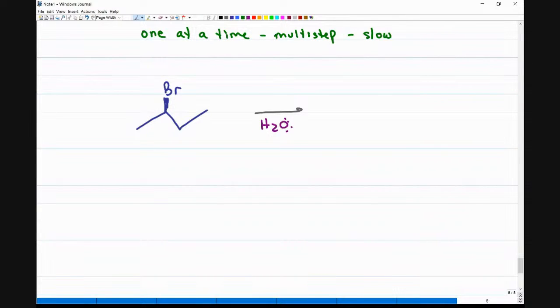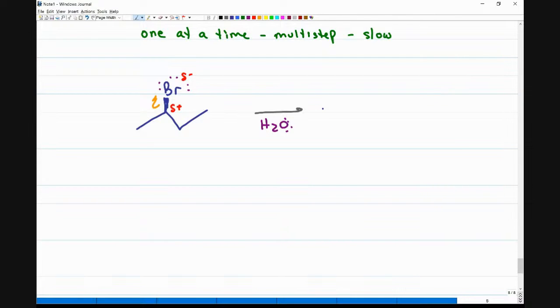If I don't have a strong nucleophile that wants to come in and attack, then nothing is here to kick out the bromine atom. And so the bromine, being very partially negative, as we already saw, is pulling on the electron density and pulling and pulling until finally it just breaks off.